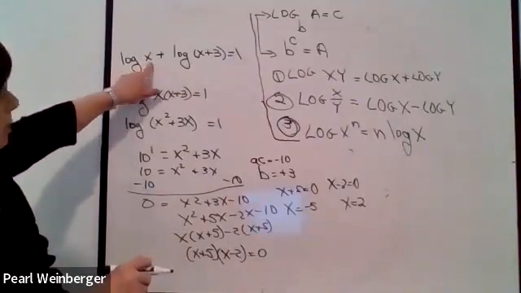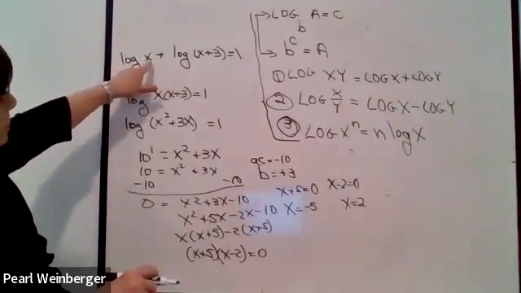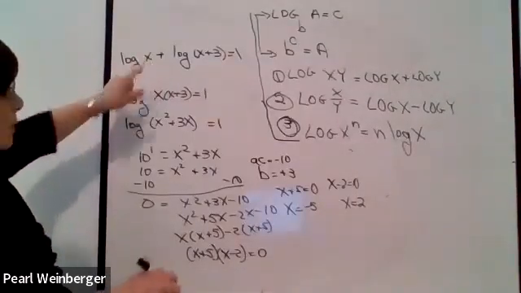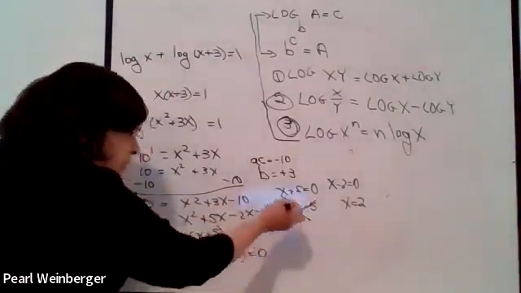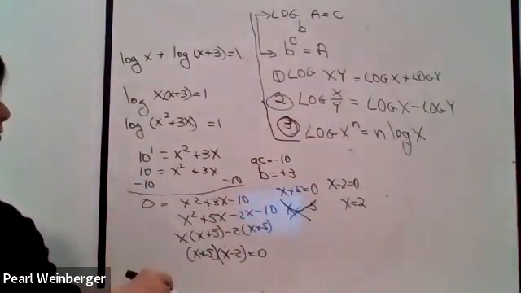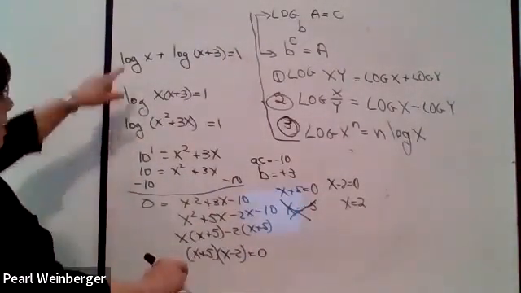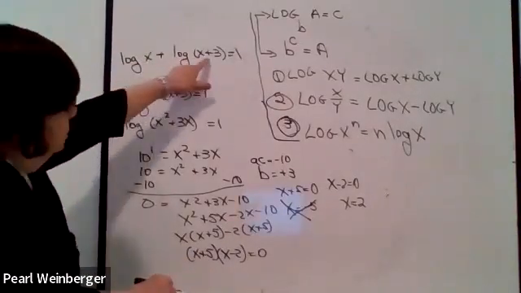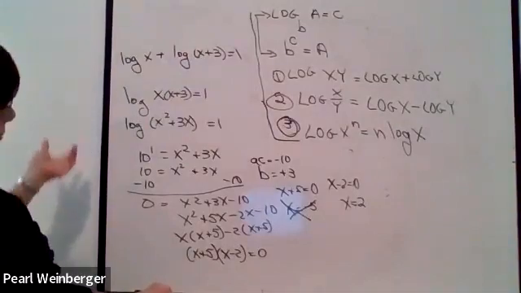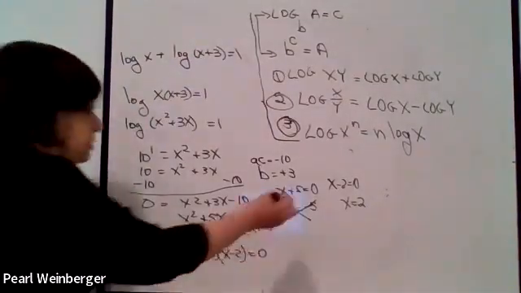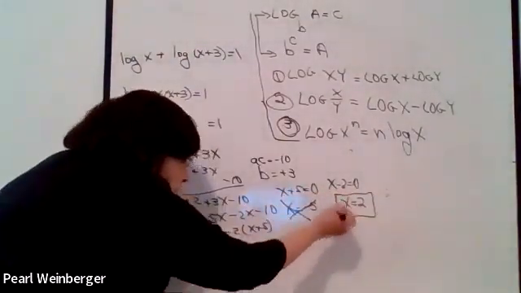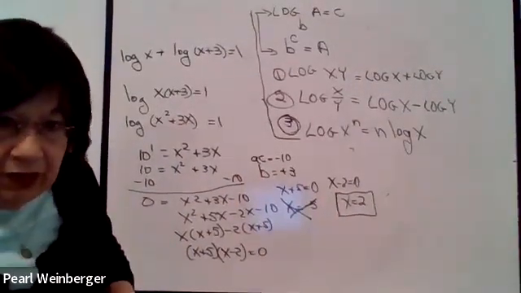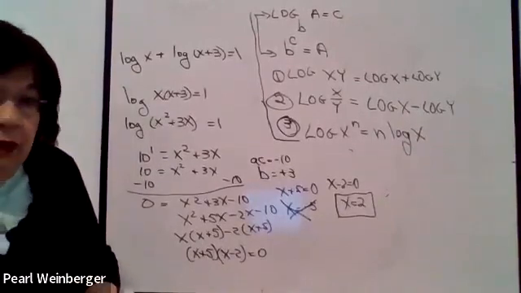And just like before, since this is an x, as soon as x is negative, we cannot use it. We have to throw out or exclude the negative 5. But the 2 works because this is positive and 2 plus 3 is 5, which is also positive. So my one answer is x equals 2, which is what a number of people have given as the answer.